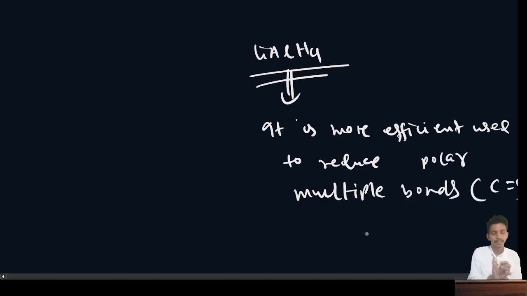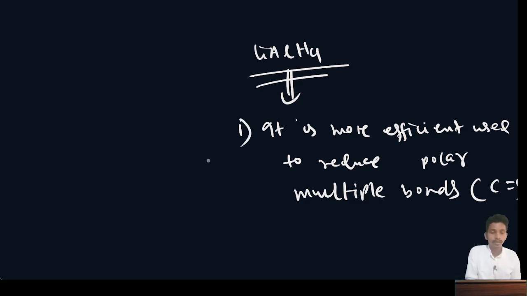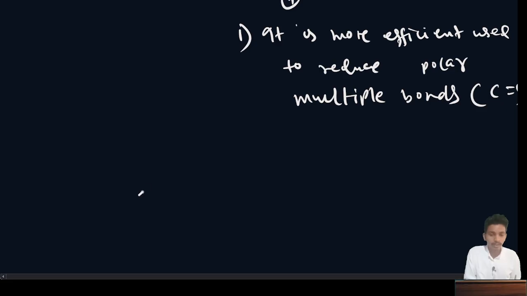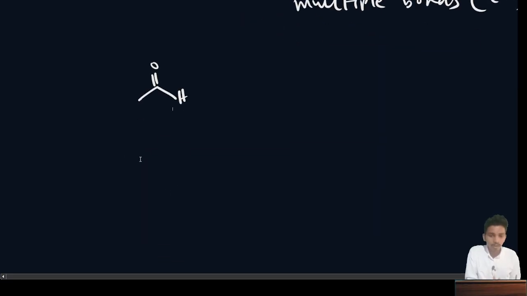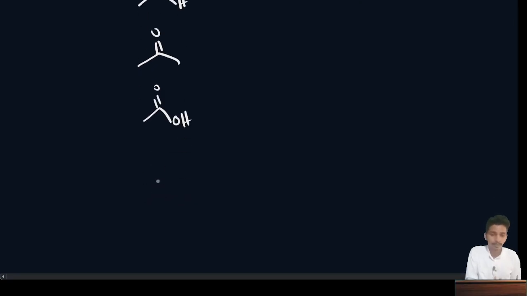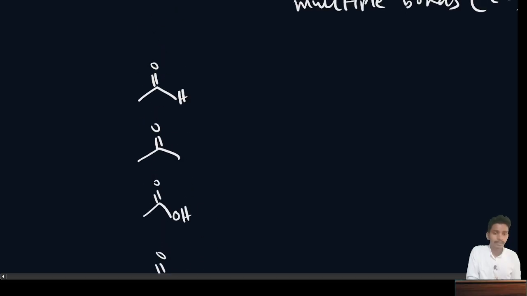Okay, so wherever there are these types of C=O groups, this lithium aluminum hydride is mainly used. Let's say wherever these carbonyl groups are there, like an aldehyde, or a ketone, or a carbonyl group with an acid, or an ester, in all these cases this lithium aluminum hydride is used to reduce.